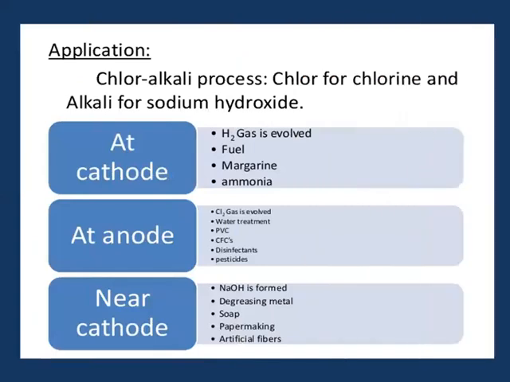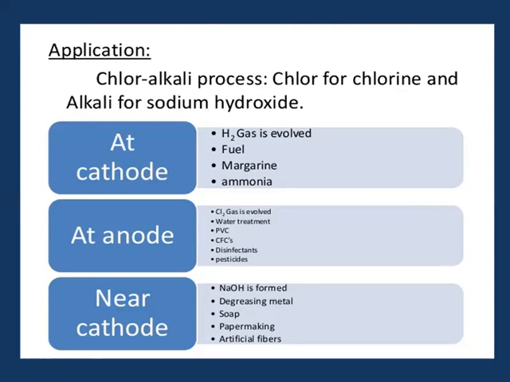The application of sodium chloride is mostly in the chloralkali process. The word chloralkali is for chlorine and sodium hydroxide. The process involves the electrolysis of a concentrated aqueous solution of sodium chloride, which is also known as brine solution.